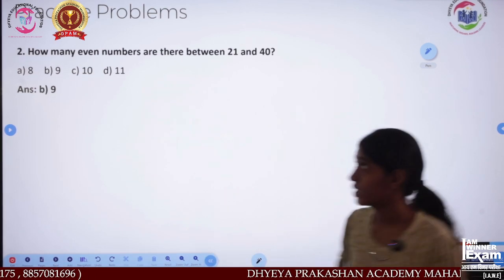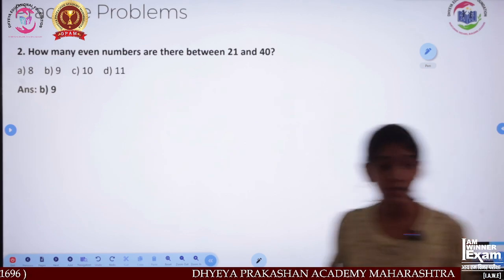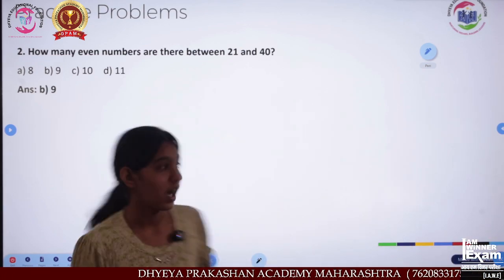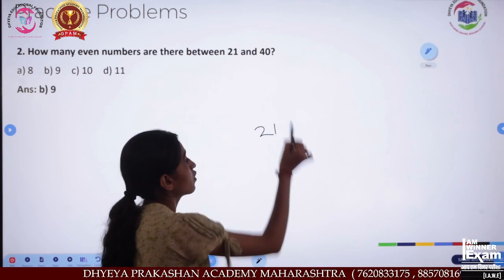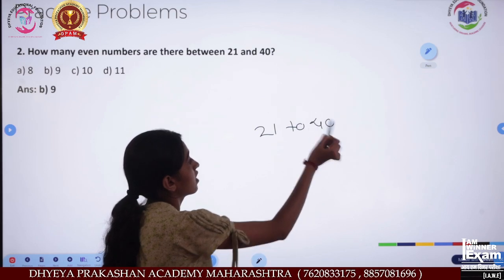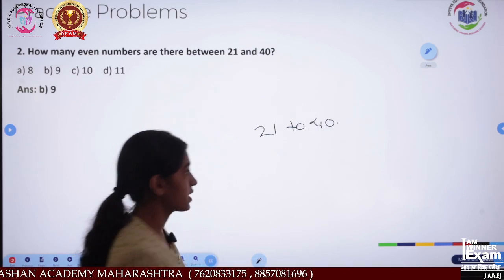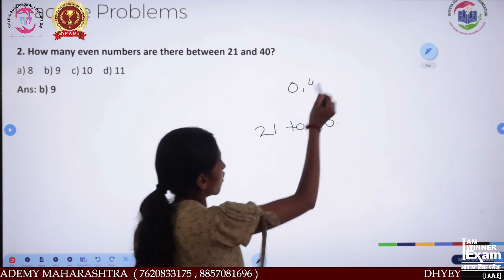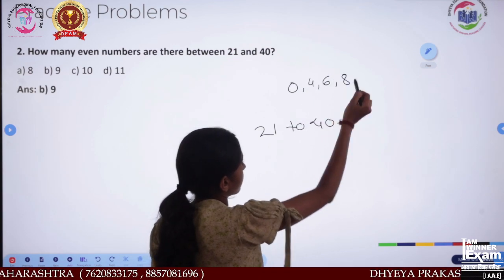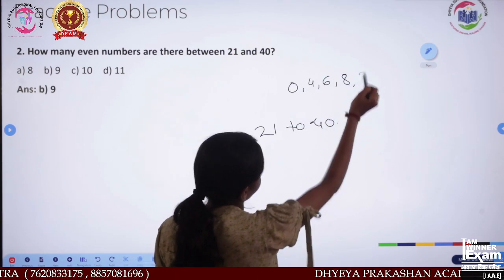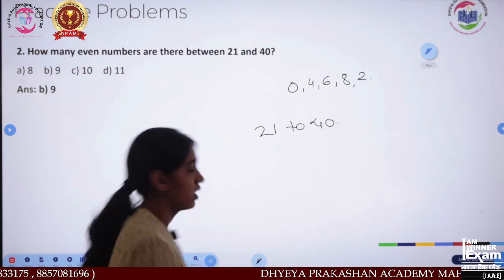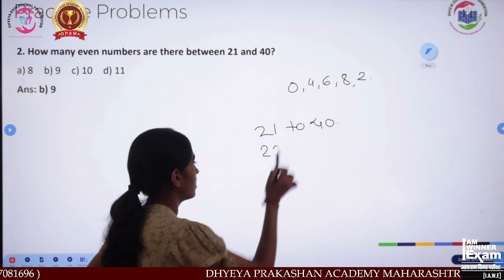How many even numbers are there between 21 and 40? Even numbers end with 0, 2, 4, 6 and 8. Let's take a look. 22 is an even number.